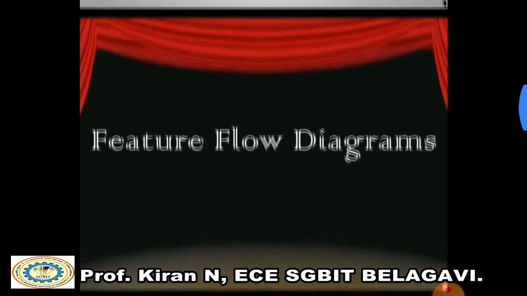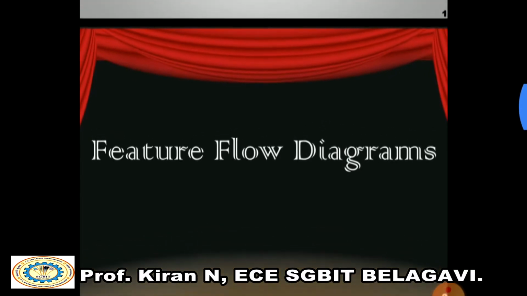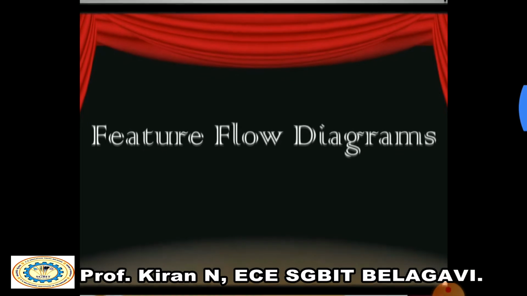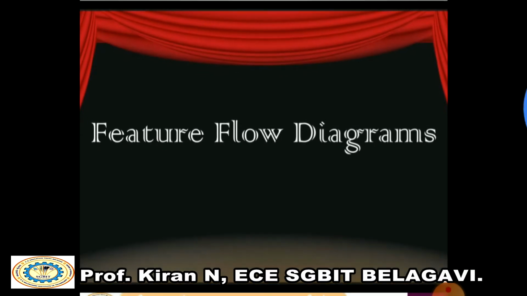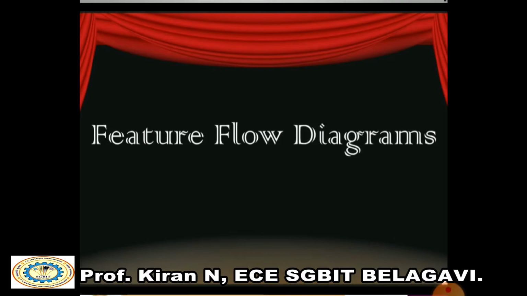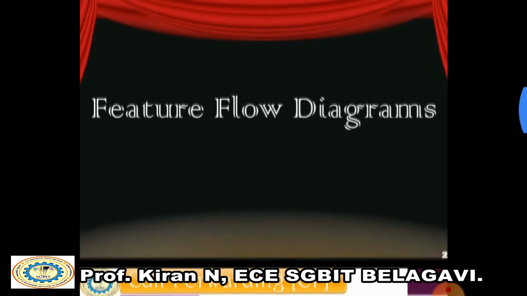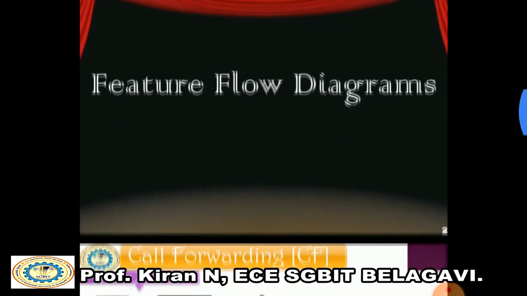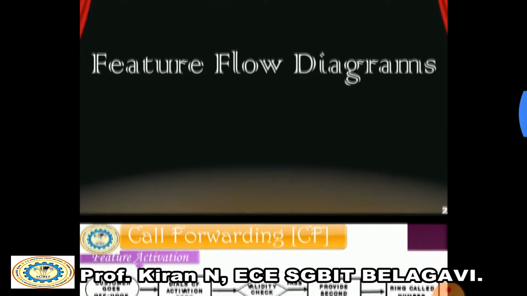Basically, what is call forwarding? Call forwarding is a facility available in telecommunication which helps in connecting a subscriber to another subscriber whenever the called number is busy or whenever the called number is out of network coverage area.